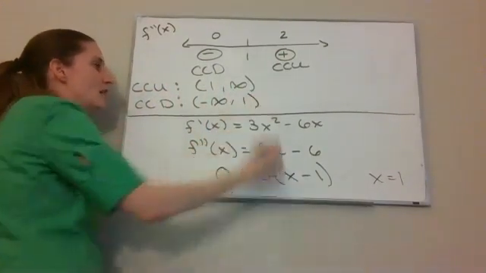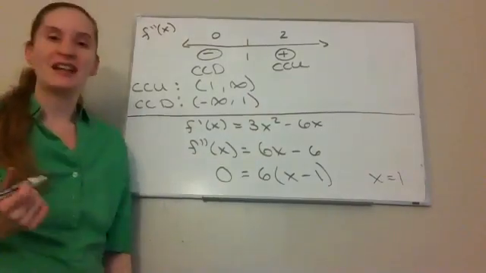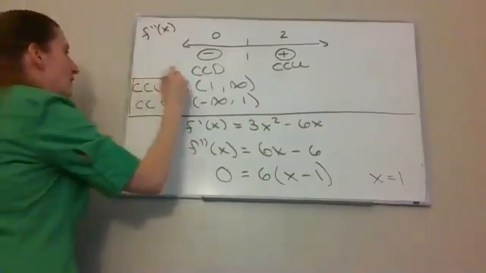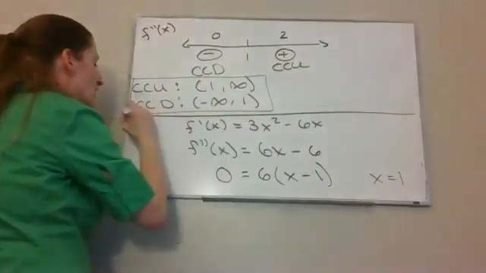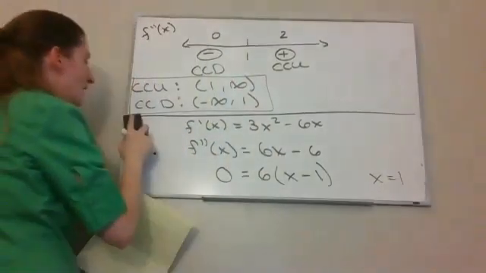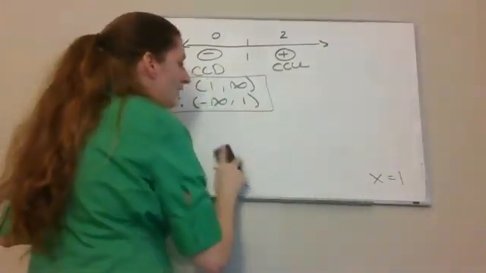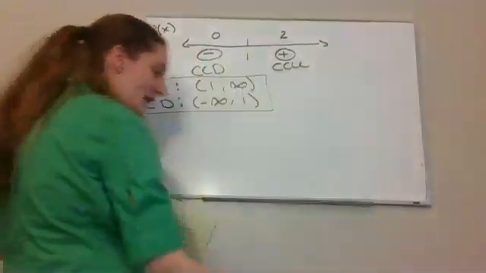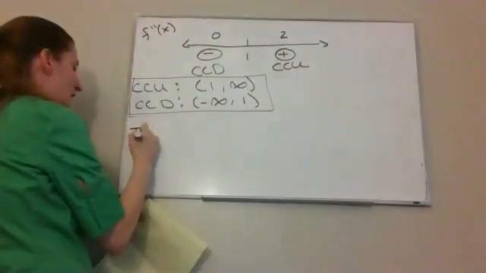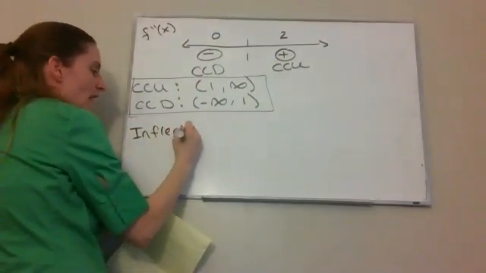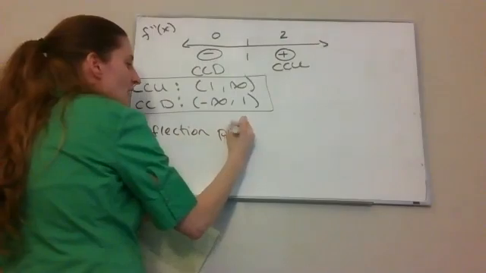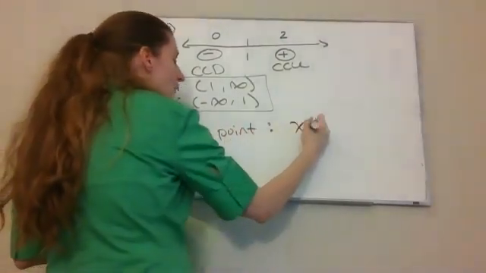And remember, to find an inflection point, we need to find where our graph changes concavity. And we can see it changes at x equals 1. That's where we switch from being concave down to concave up. So our inflection point occurs when x equals 1.